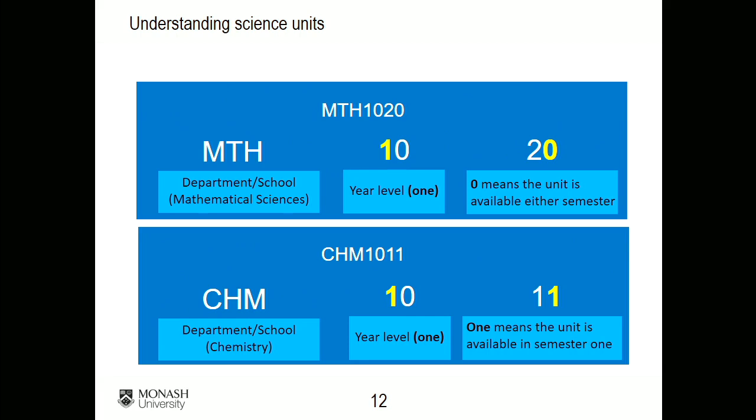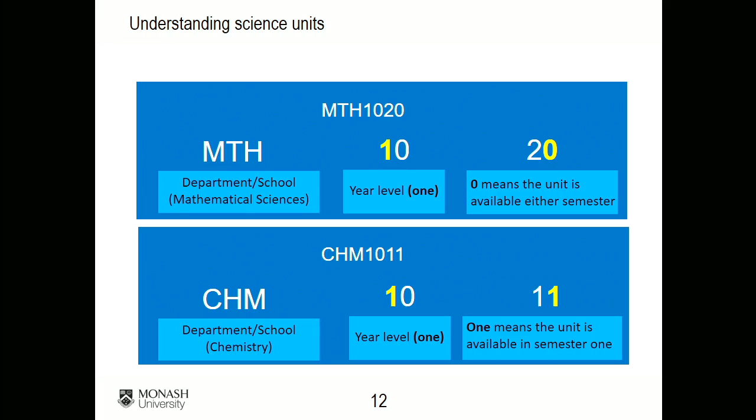All of the units that start with a 1 are level 1 units, the ones that start with a 2 are level 2 units, and so on. The 0 at the end means that the unit is available in either semester 1 or semester 2. So MTH 1020 is offered in both semester 1 and semester 2.